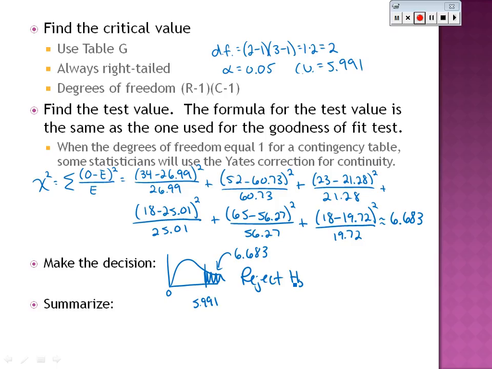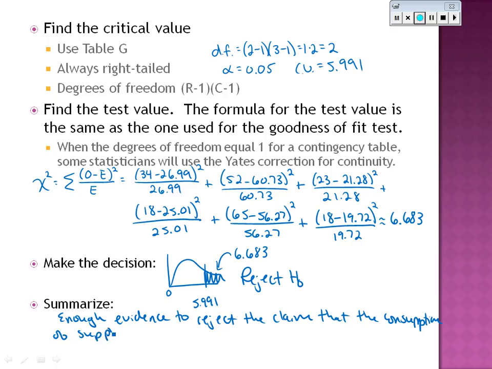So that was our null hypothesis. Null hypothesis was our claim. So we're going to say there's enough evidence to reject the claim that the consumption of supplements is independent or not related to jogging status.